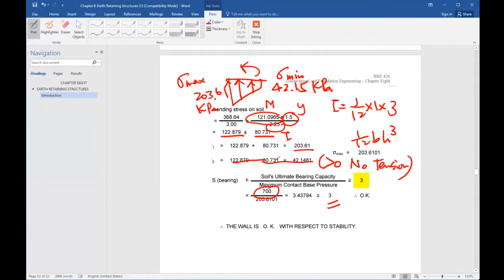Is that clear to you? It's quite a difficult one because you got a trapezoidal retaining wall rather than a rectangular or the other simple types. Okay, can you follow?